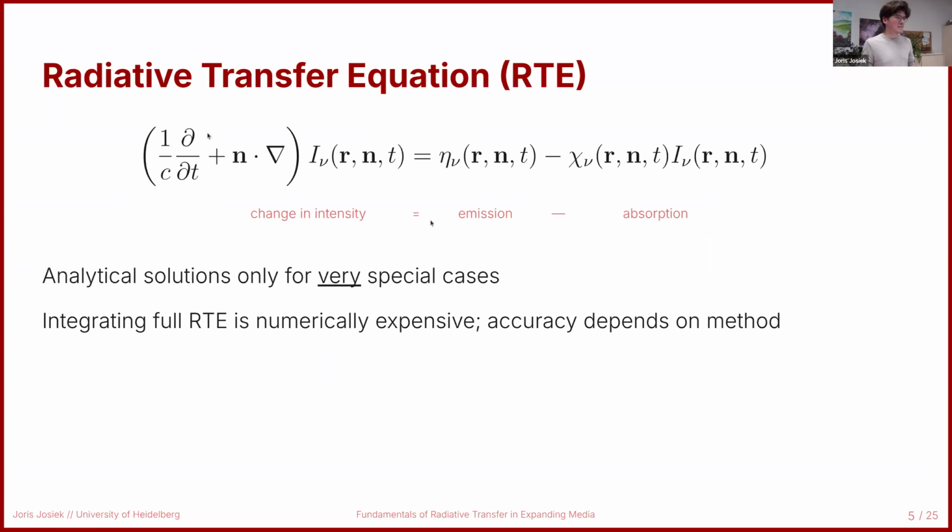What this means basically is that the change both in time and space of the intensity is caused by emission minus absorption. This is the intuition. It's quite clear. The absorption is proportional to the intensity itself, which makes this a differential equation. And this proportionality factor is the so-called opacity chi. This will pop up in many places in this talk and also beyond.